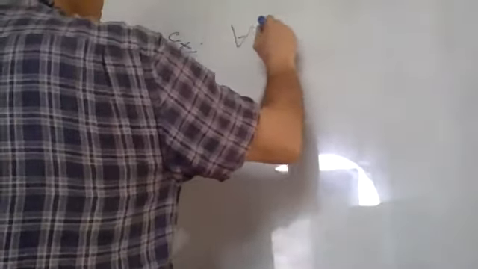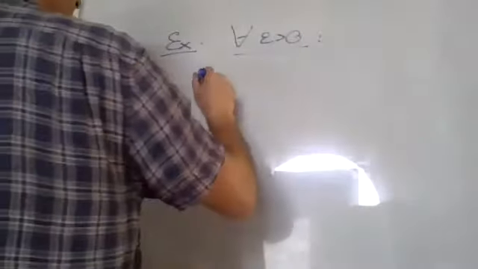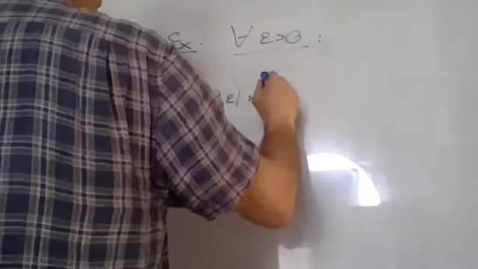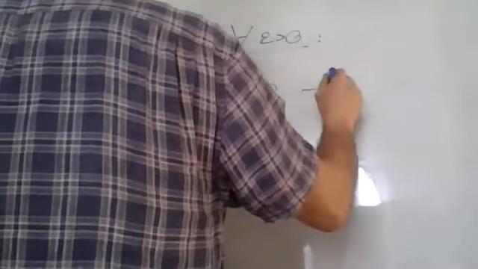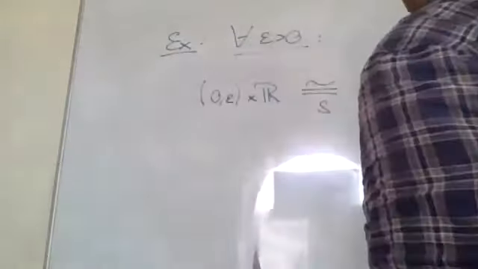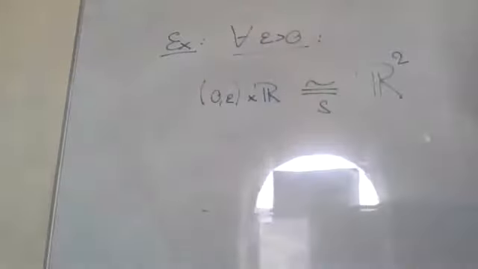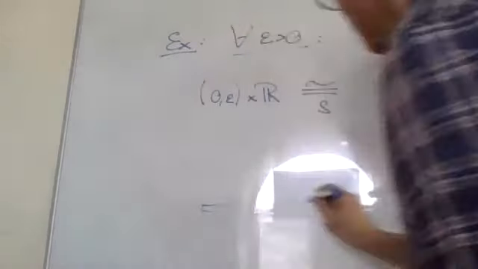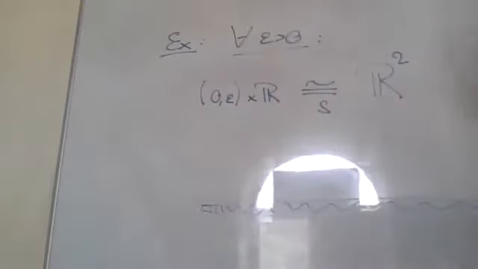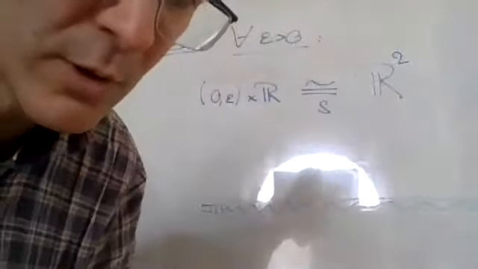For any epsilon positive, let's do (0, epsilon) cross R is symplectomorphic to R2. So it means that I have a thin band, and even a half band, and this is the same as all of R2.